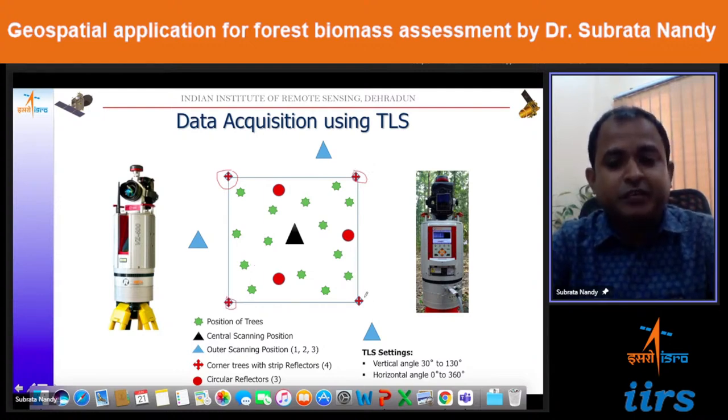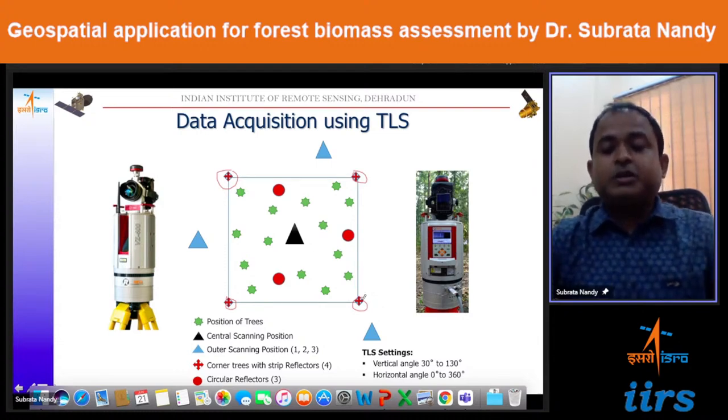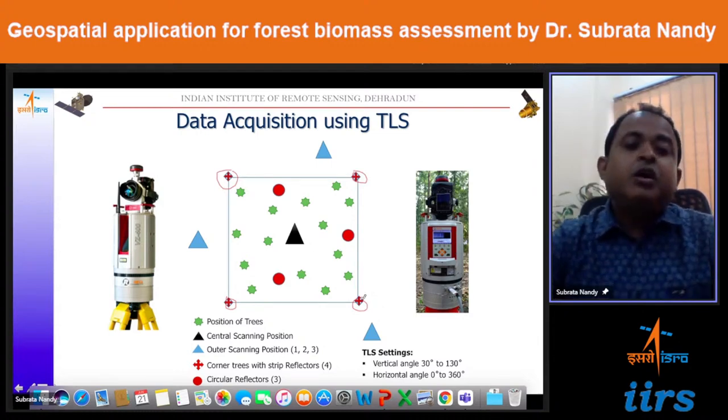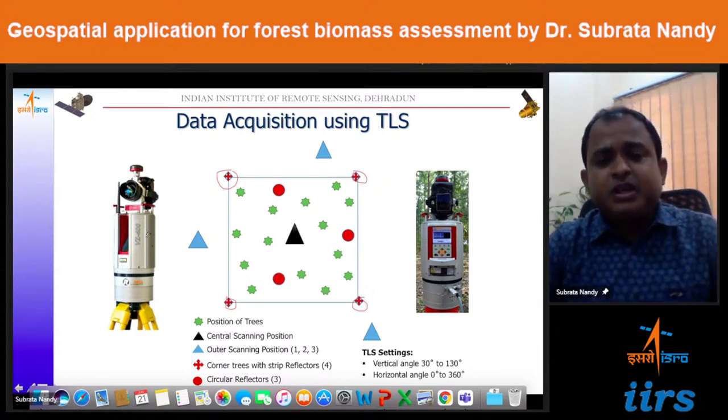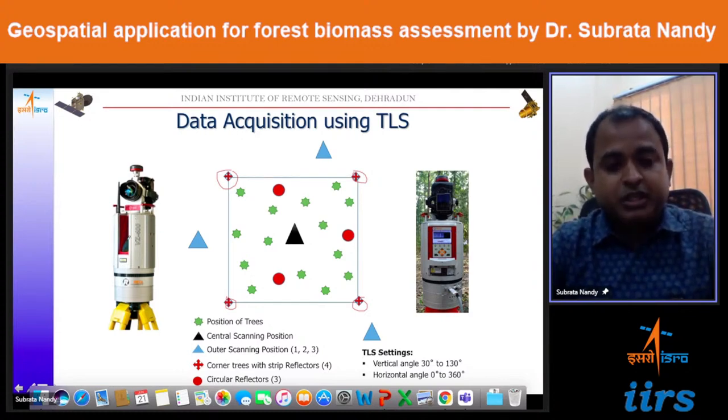After scanning, we can identify that this is the area, or this is the sample plot I am talking of. This instrument was used. This is the RIEGL VZ-400 instrument, and this is the scanner. It scans like this.